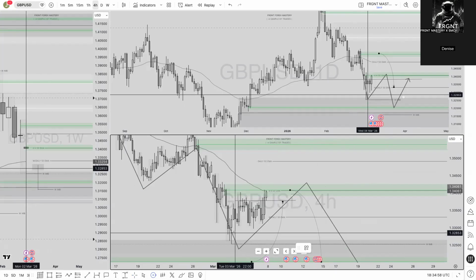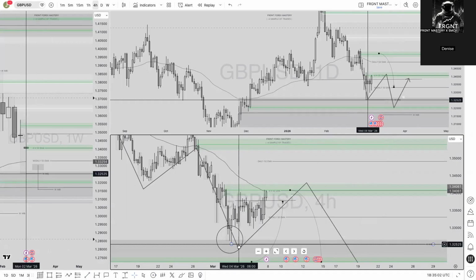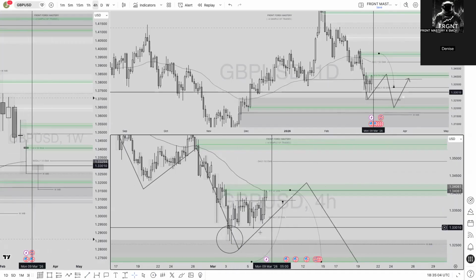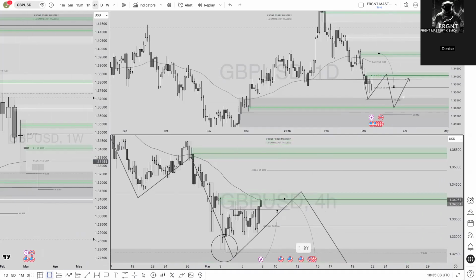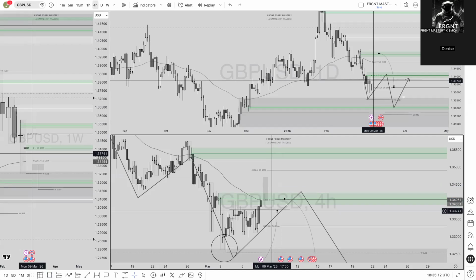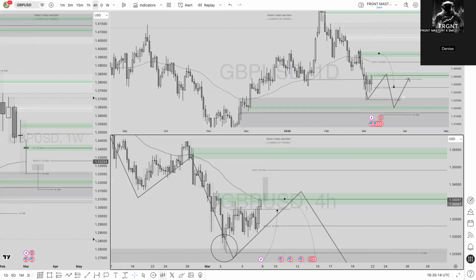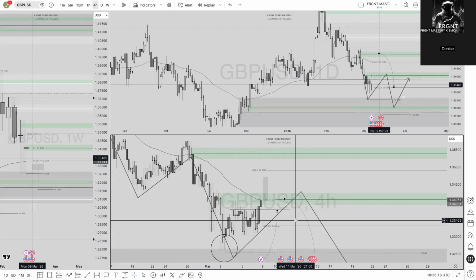So let's say, for example, this price tapping into that weekly order block is all it was going to take for price to take off and reject that weekly 50 MA. If price breaks and closes above this 4 hour order block and the 4 hour 50 EMA, my mindset is now that, well, actually, the weekly 50 MA has done its job.